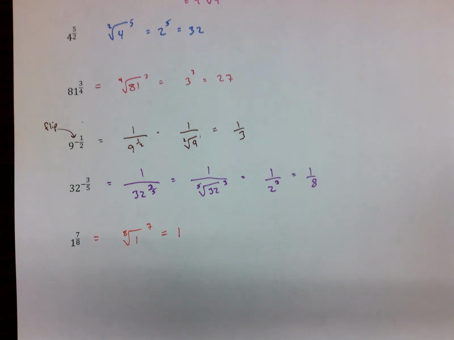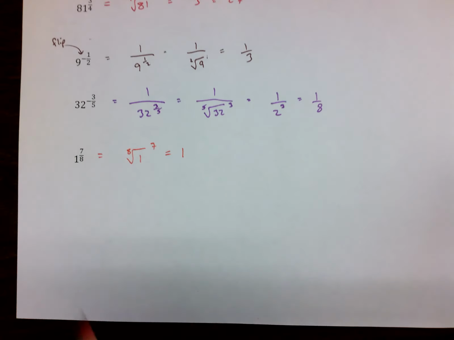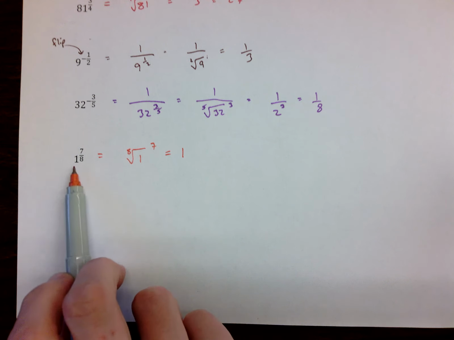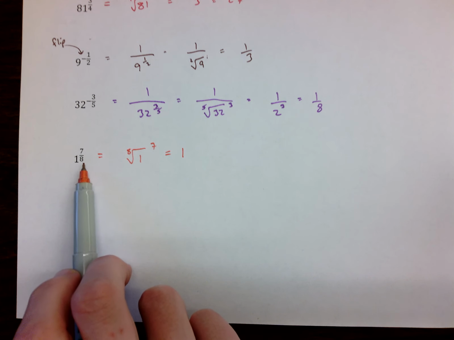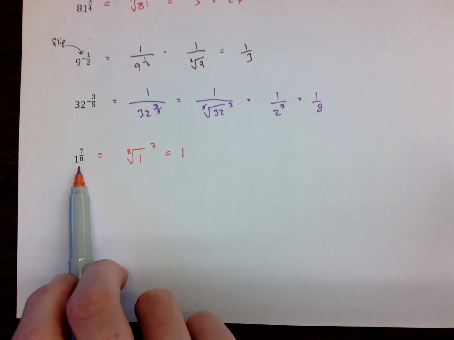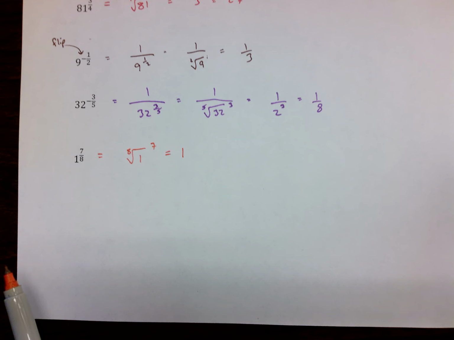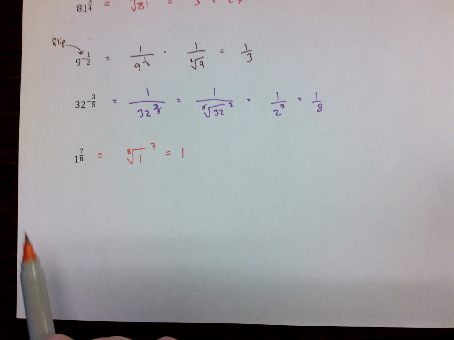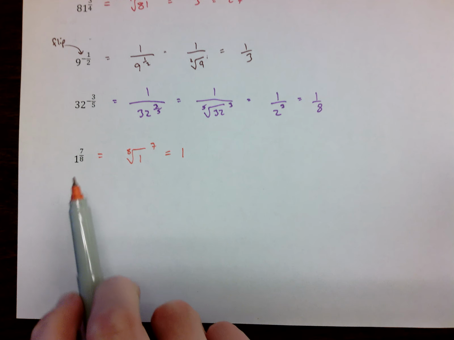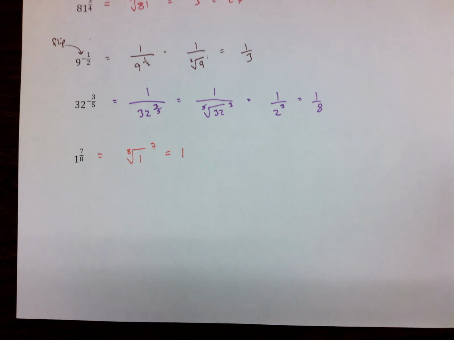So take a minute and think to yourself, is there ever going to be an instance where you can raise 1 to any power? We know whole number powers, it's going to stay being 1. And we have at least one fraction exponent here where it stays equaling 1. Try to think to yourself for a minute, is there any instance where you could raise 1 to an exponent and not get 1 as an answer?